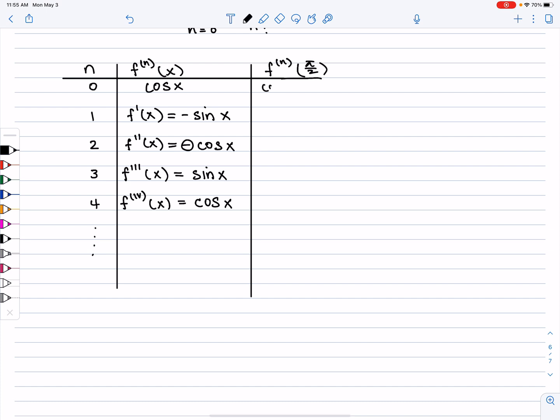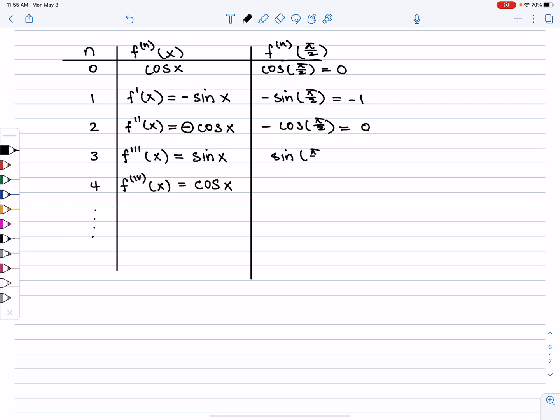So we have cosine of pi over 2 is equal to 0. We have negative sine of pi over 2 is equal to negative 1. We're going to have a negative cosine of pi over 2 is equal to 0.